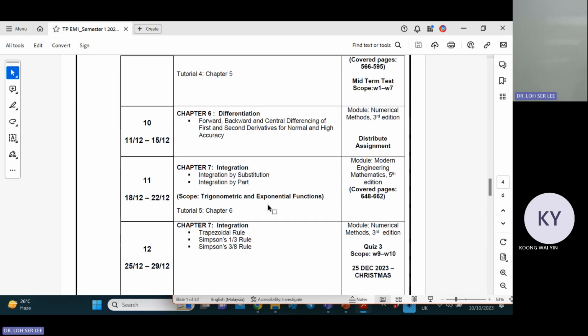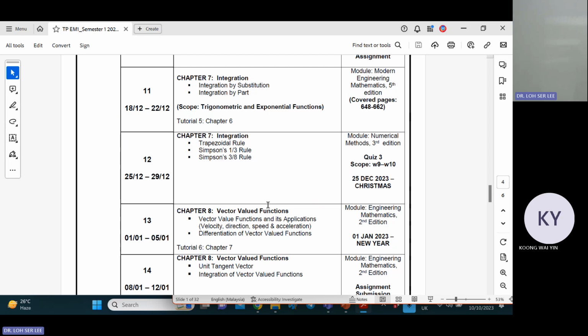Same goes for integration. You have one analytical part and another part for the numerical integration. For the integration part, have you learned integration by substitution? Yes, okay, so kind of revision, and integration by parts.